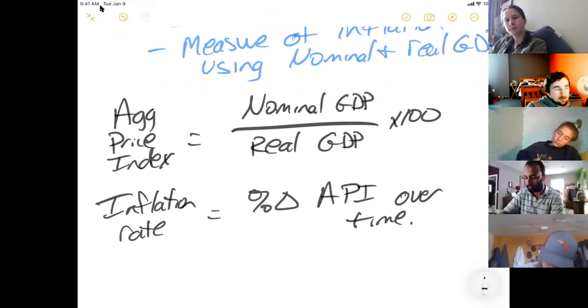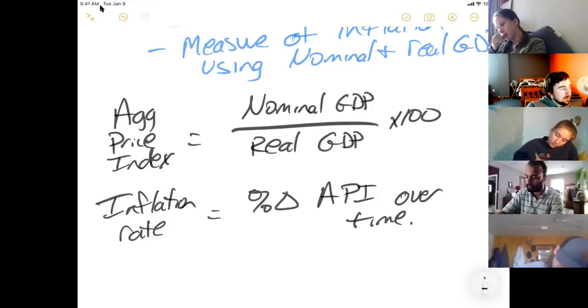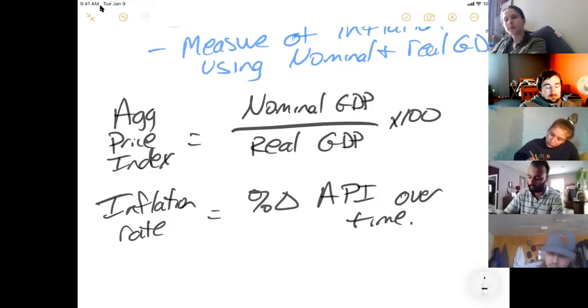Because we usually express inflation as a percent change in the price level, this measure of inflation just looks at the percent change in the aggregate price index over time. So this measure is really looking at inflation in everything that's in GDP.